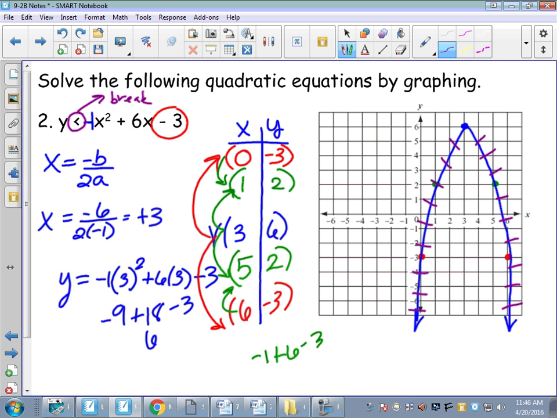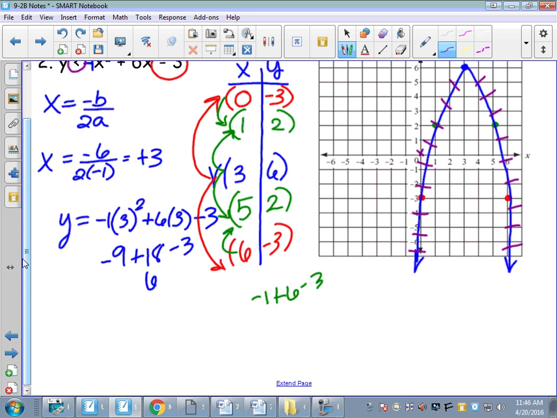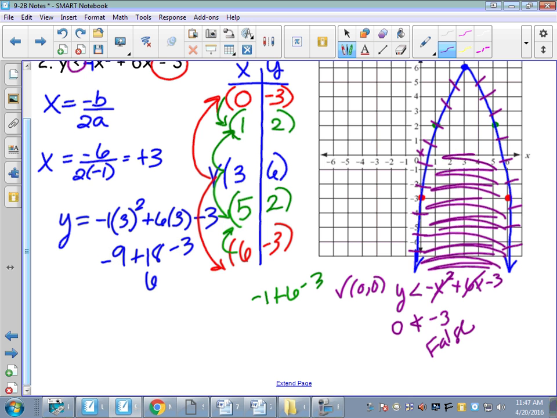Still use 0, 0 is still on the outside. The broken.